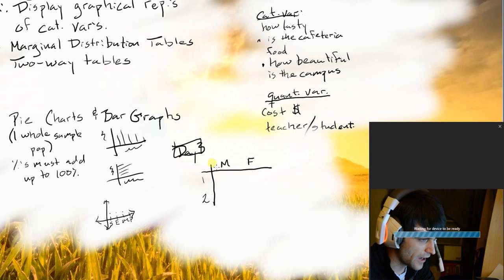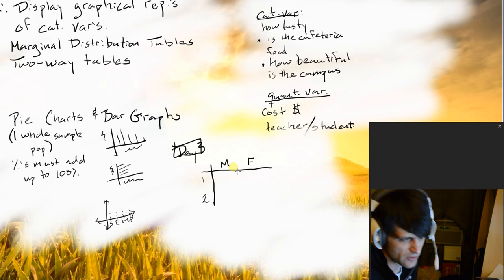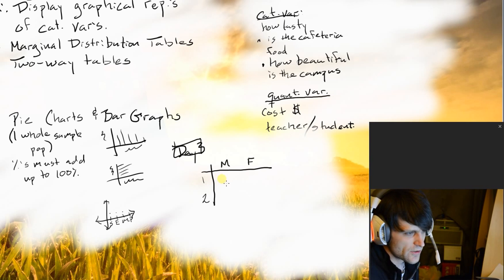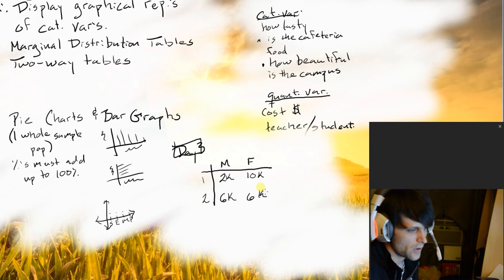Those could be different concerts, but let's just say they're same night, same city, and we're going to see where the different people went. Okay, so let's say we had at concert 1, 2,000 males show up, and 10,000 females show up at that concert. And at concert 2, we had 6,000 males show up, and 6,000 females show up.